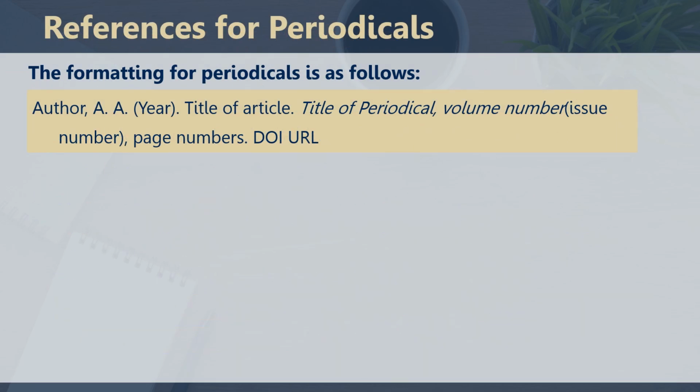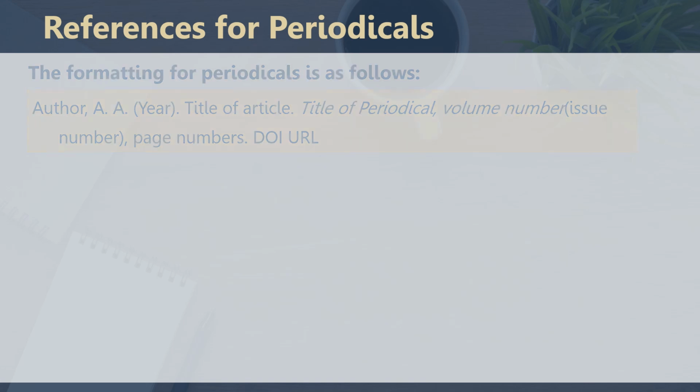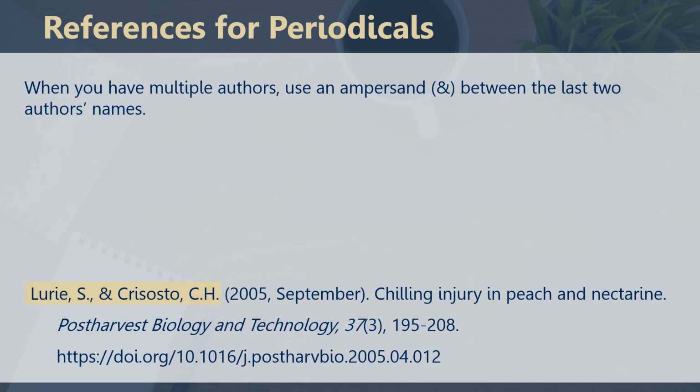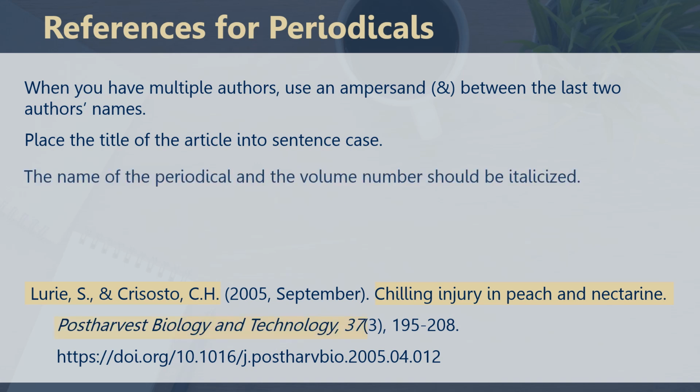References for periodicals typically require more information. You will notice the example shown here has multiple authors. This will often be the case for periodicals. When you have multiple authors, use an ampersand between the last two authors' names. Place the title of the article in sentence case. The name of the periodical and the volume number should be italicized.